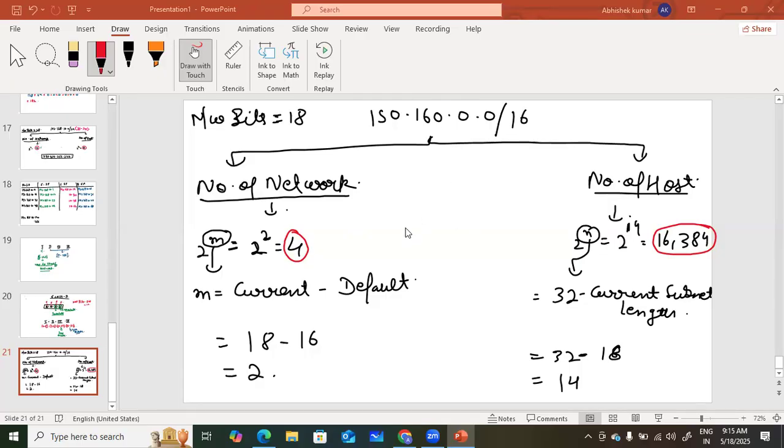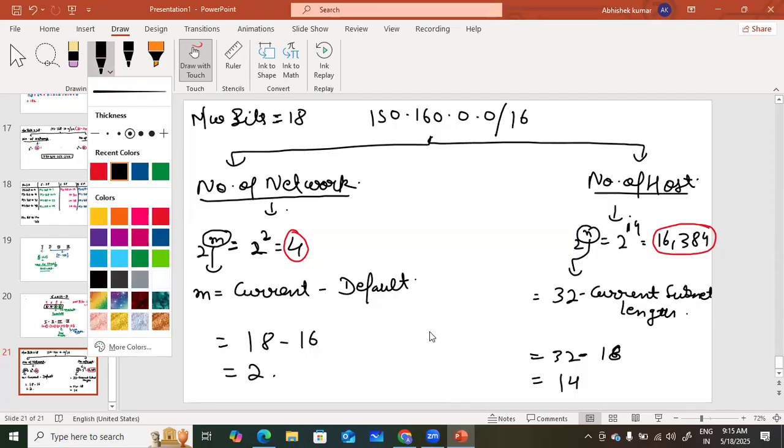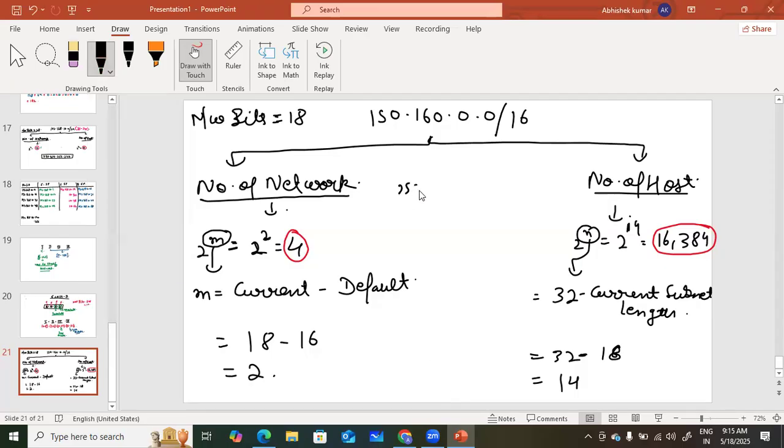Anyone tell me the subnet mask for this one? 255.255.192.0. Exactly, you're right. So this one will be the subnet mask.